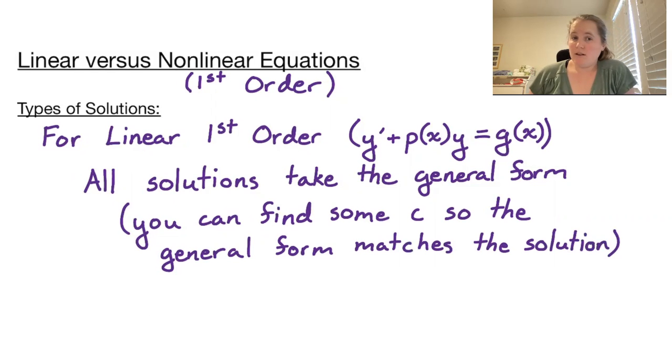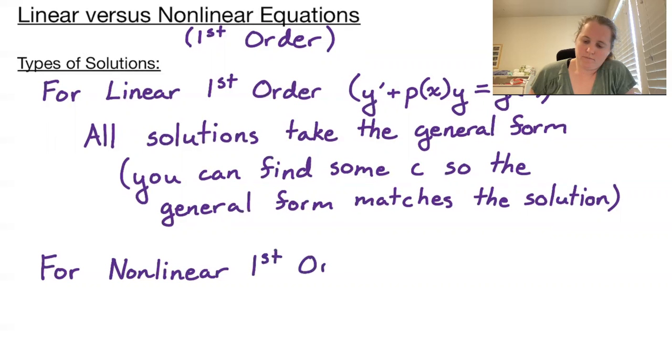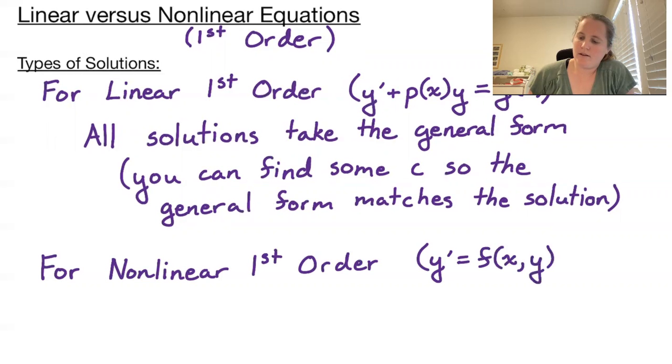For nonlinear first order, this is not the case. So for nonlinear first order, we just have y prime is equal to some function f of x comma y. There are solutions that do not fit the general format.